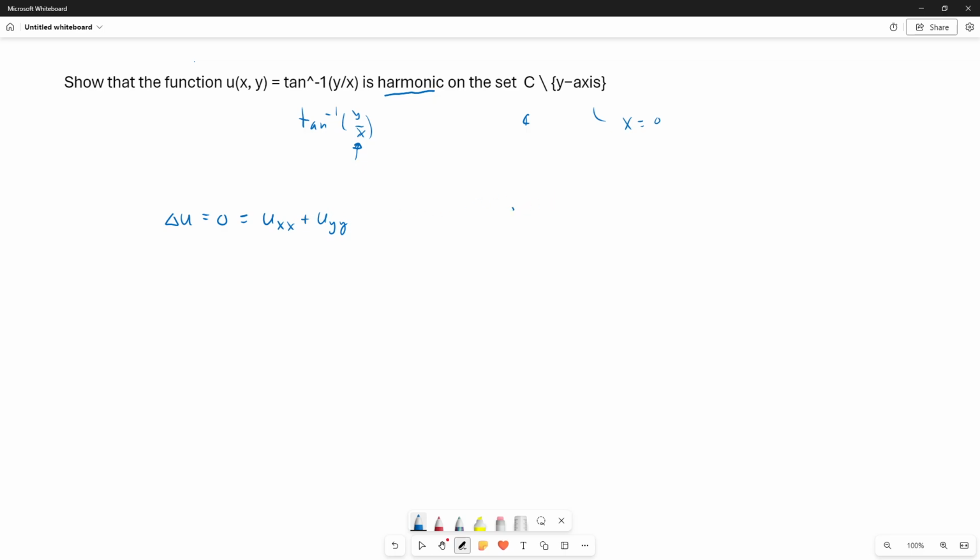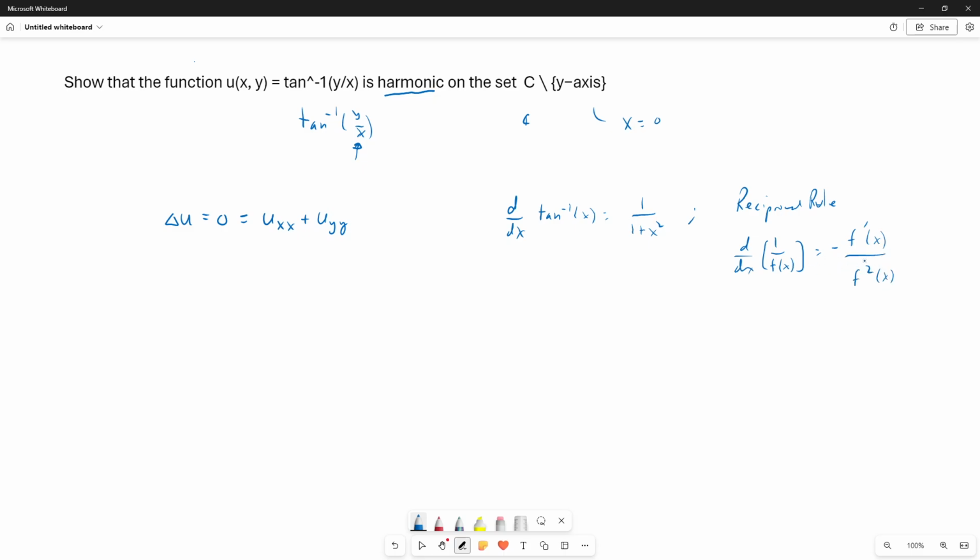We have to recall from Calculus 1 the derivative of the inverse tangent of x is 1 over 1 plus x squared, and a special case of the quotient rule called the reciprocal rule says the derivative of 1 over a function f is negative f prime over f squared.